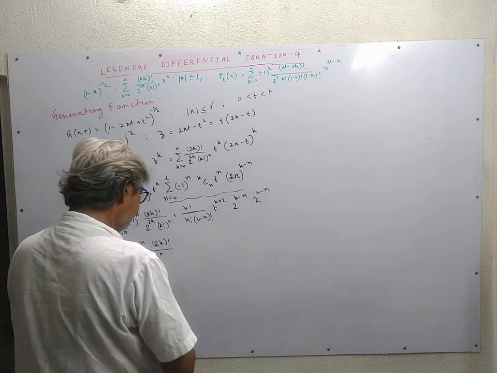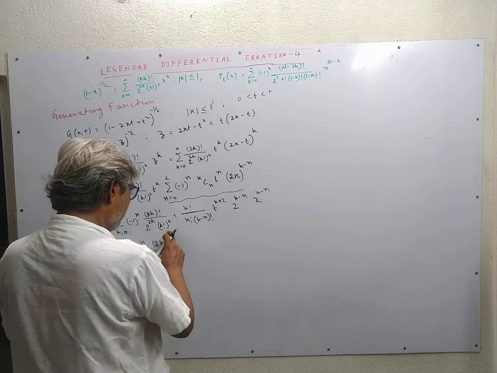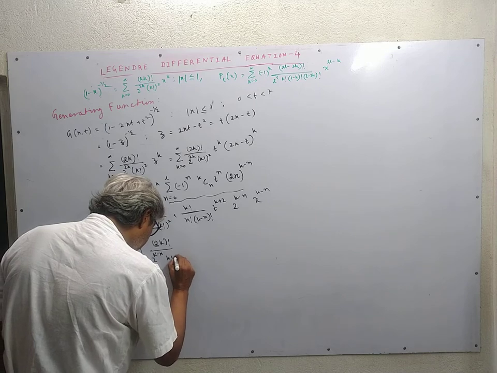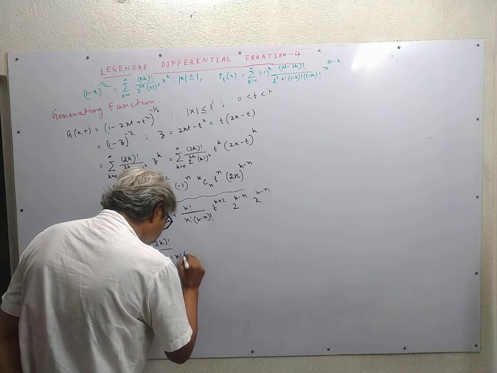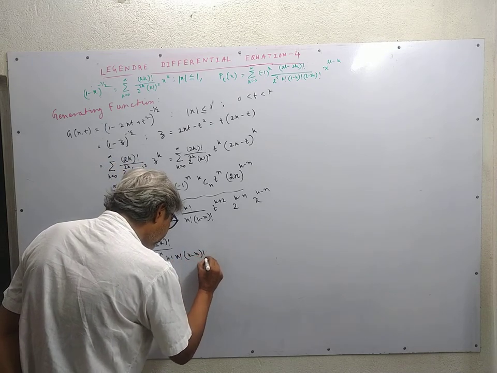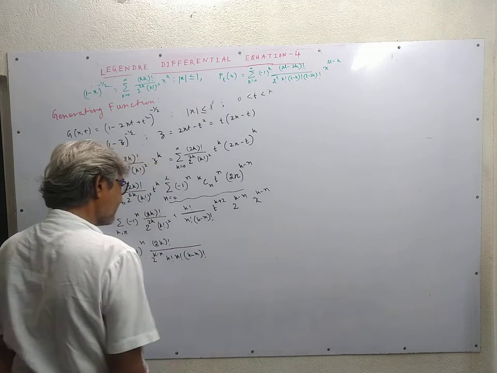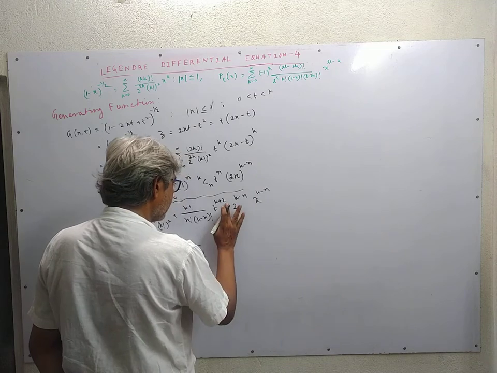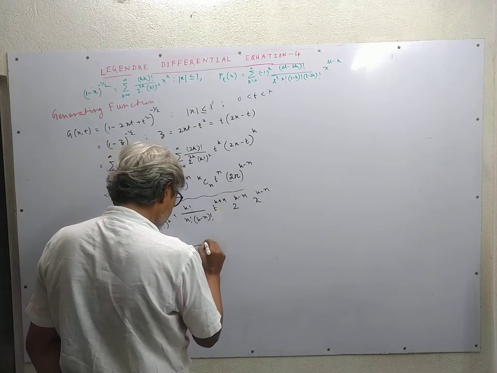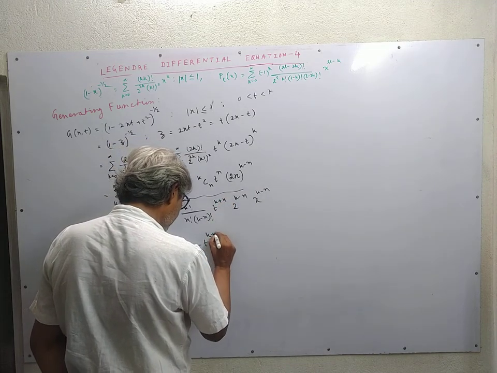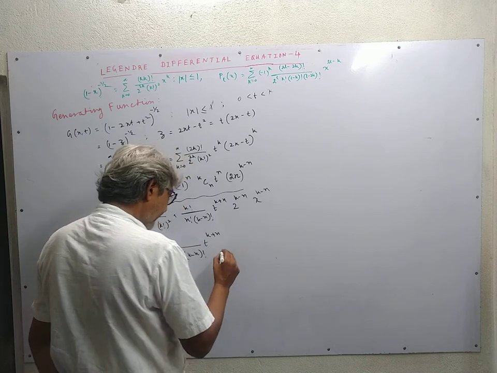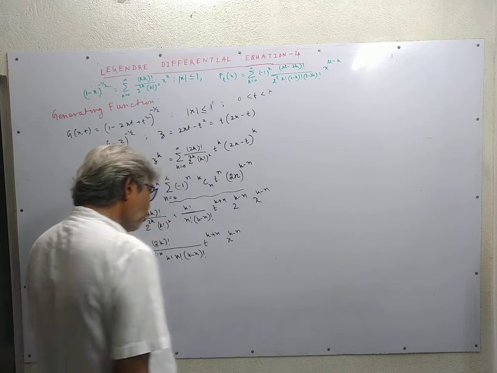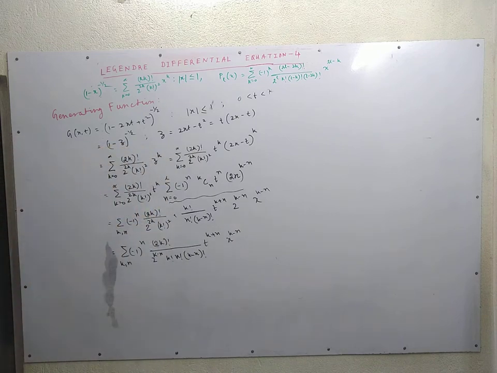Then we have k!, n!, (k minus n)!, t to the power k plus n, and x to the power k minus n. We now make a change.